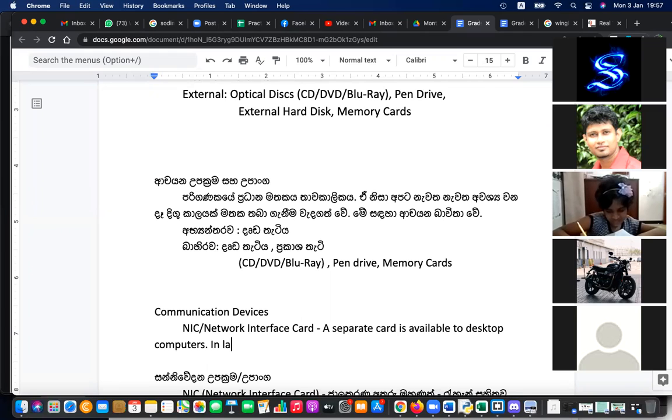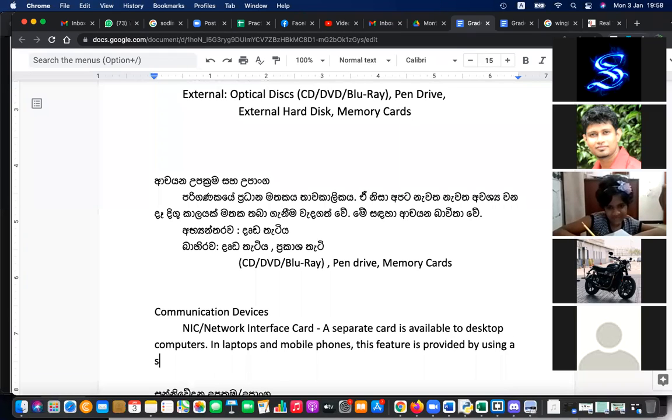In laptops and mobile phones, this feature is provided by using a special chip.